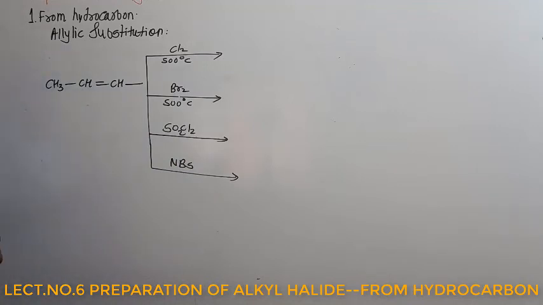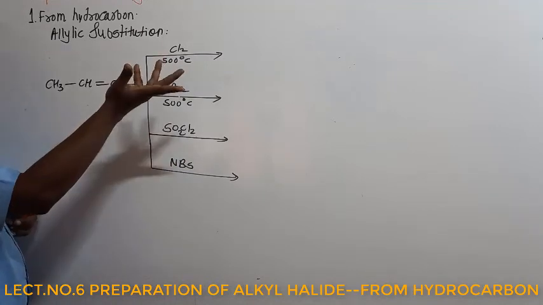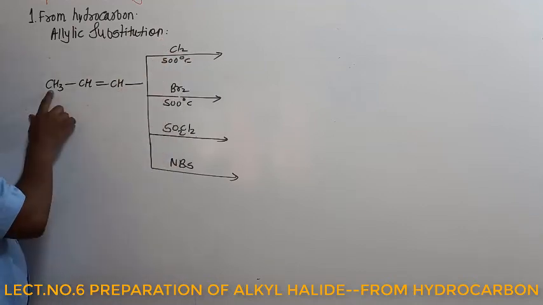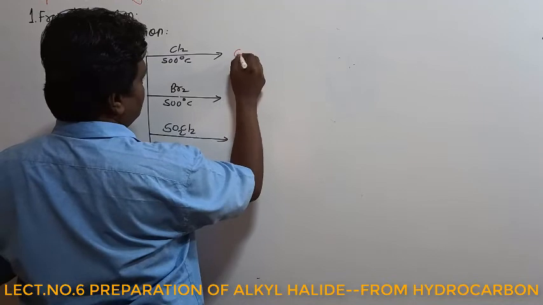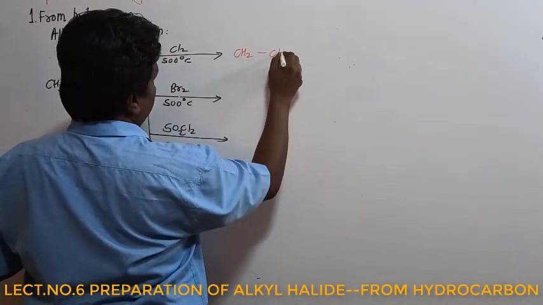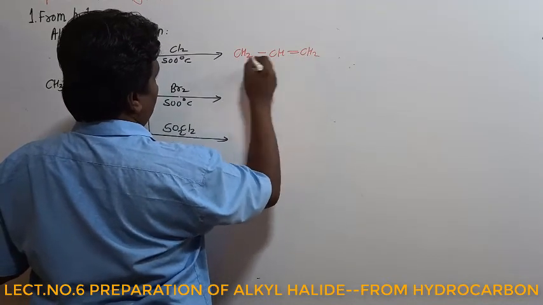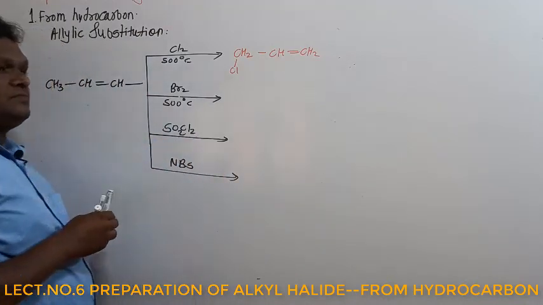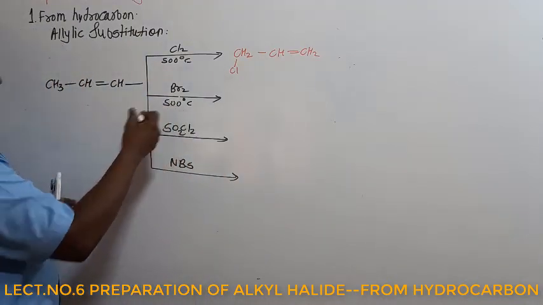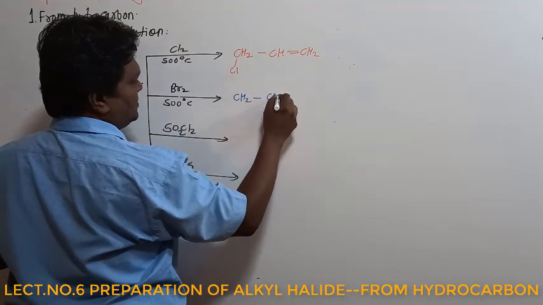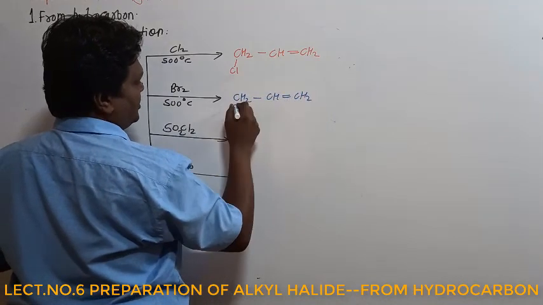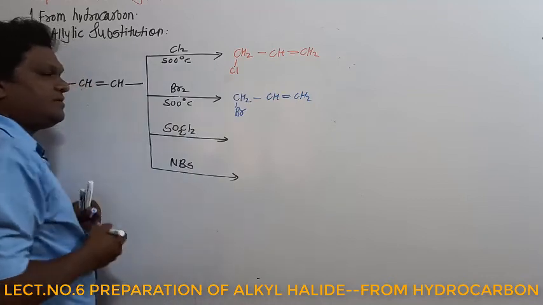The first product is again an allylic substitution reaction. You know what to do: just replace this hydrogen atom by a halogen atom. So you will have CH2 CH double bond CH2, with the chlorine atom attached here. Next, bromine: CH2 CH double bond CH2, the bromine atom will attach here.